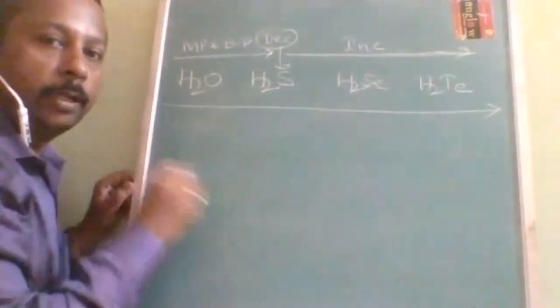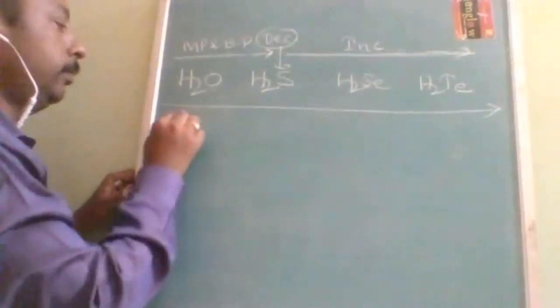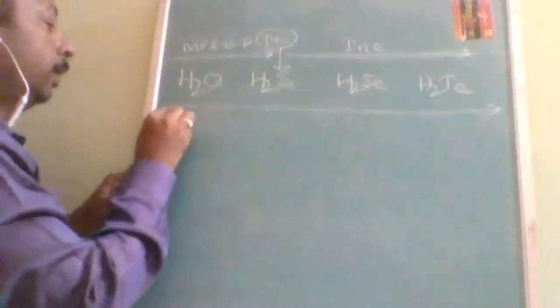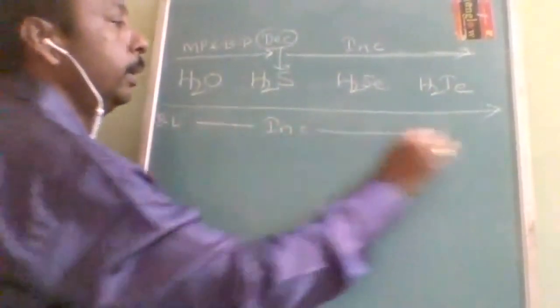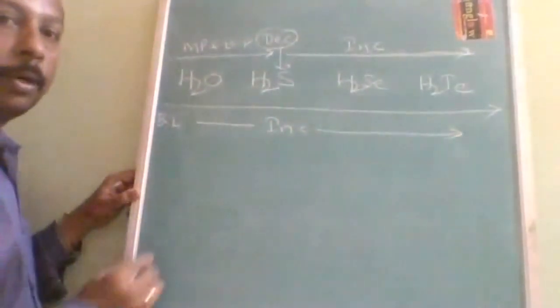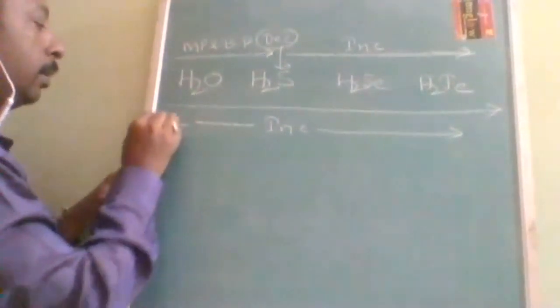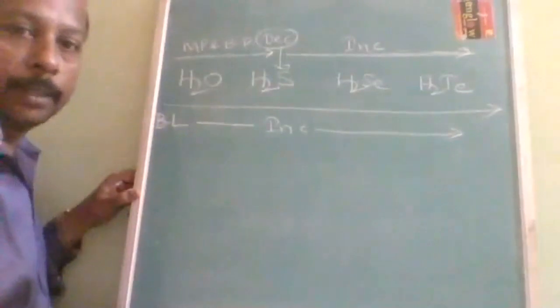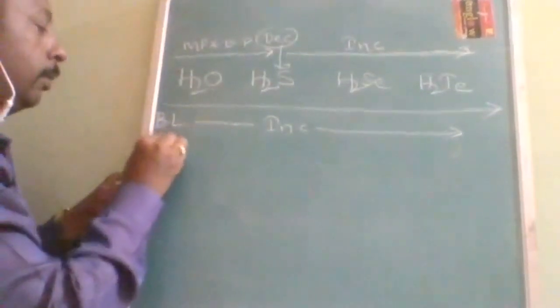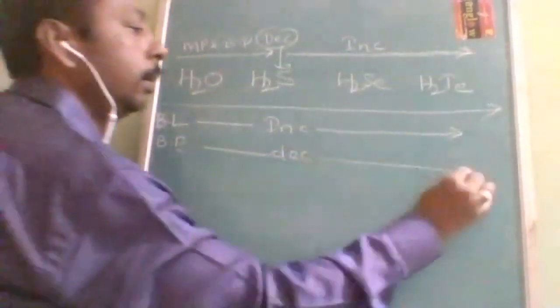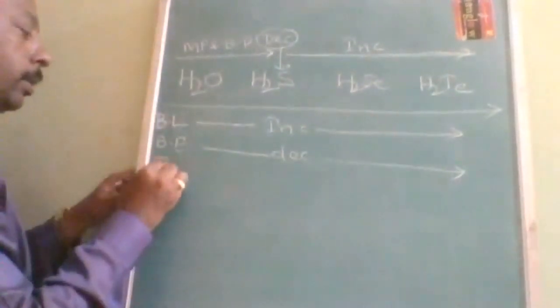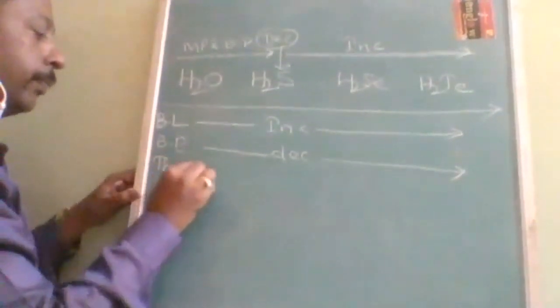The remaining properties, like bond length from here to here, what happens? Bond length increases, therefore bond energy decreases.